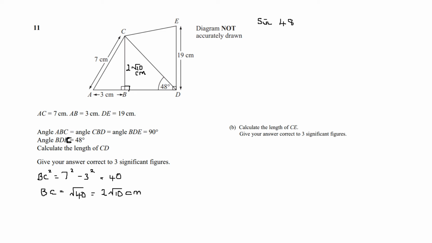So I'm going to have sine 48 degrees is equal to 2 root 10 over CD, and if I rearrange that, I will get CD is equal to 2 root 10 over sine 48 degrees.